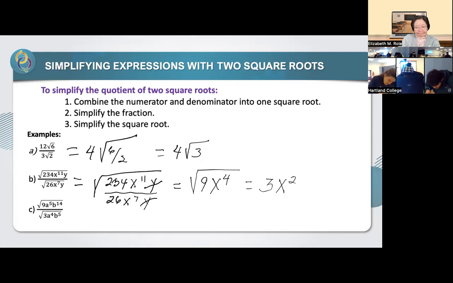There's a square. That is just 3. And then, a, b, 9.